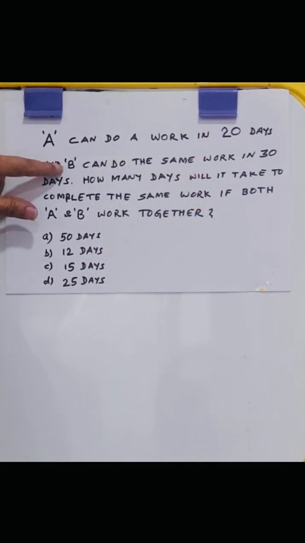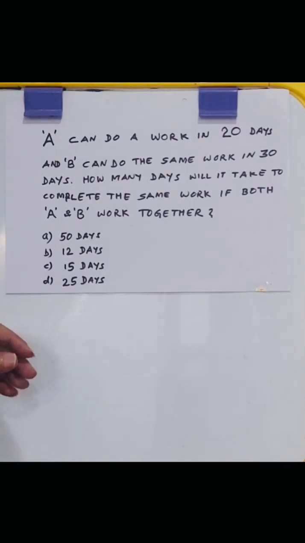If the other person B does the work, he takes 30 days to complete it. Both are not equal. So the question is, if A and B work together instead of separately, how many days will it take for both of them to complete the work?